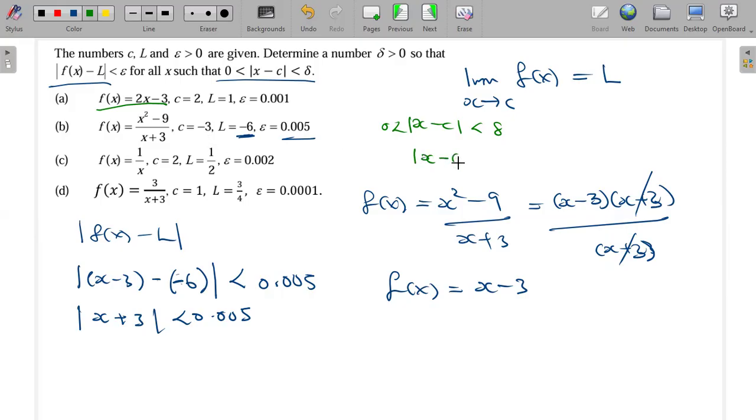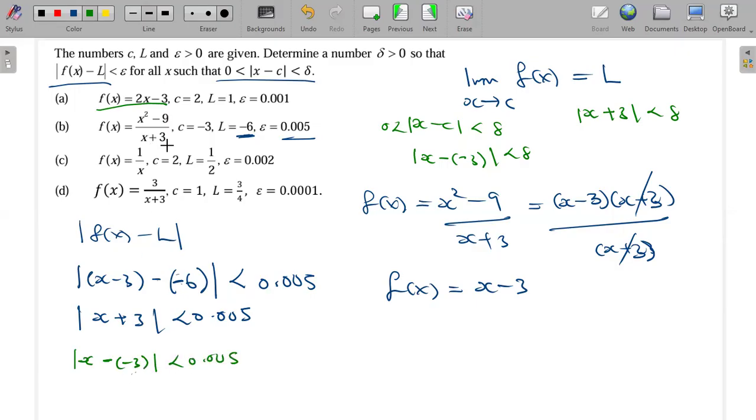Our c there is just negative 3, and then less than delta. So here you have x plus 3, then it's less than delta. When I isolate what I have here, this is the same as writing x minus 3, and this is less than 0.005.